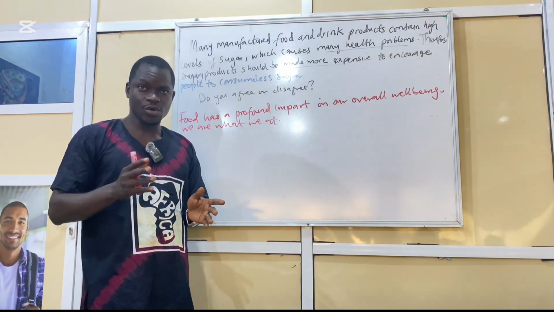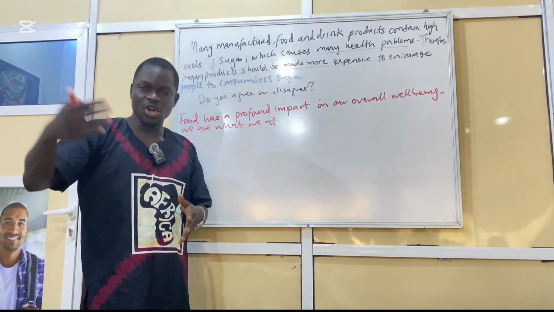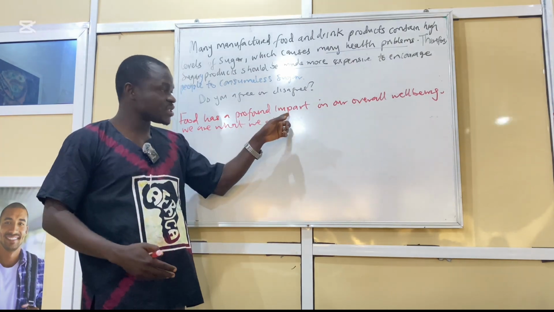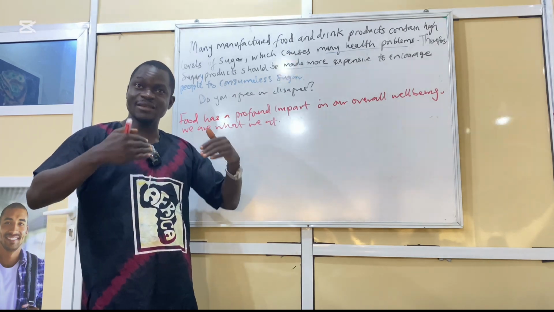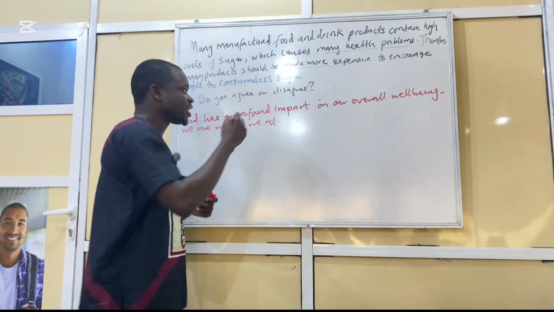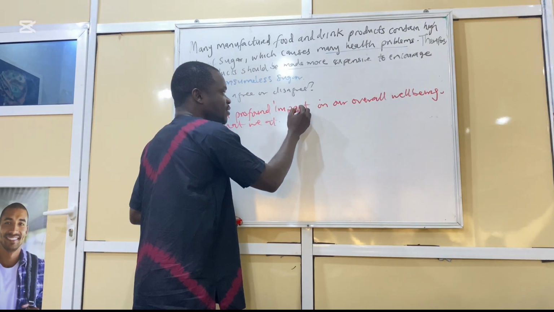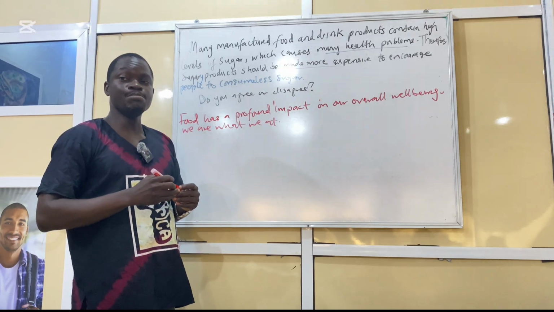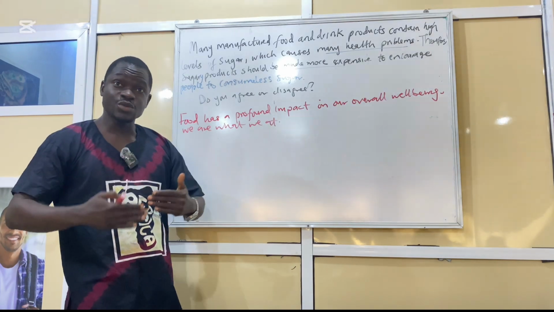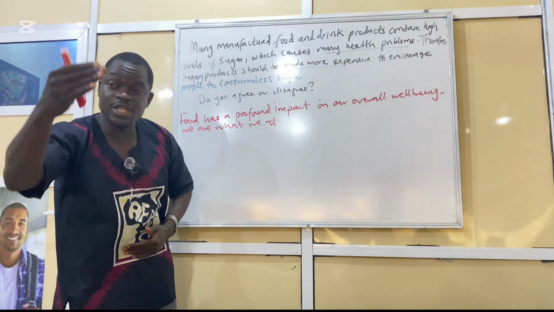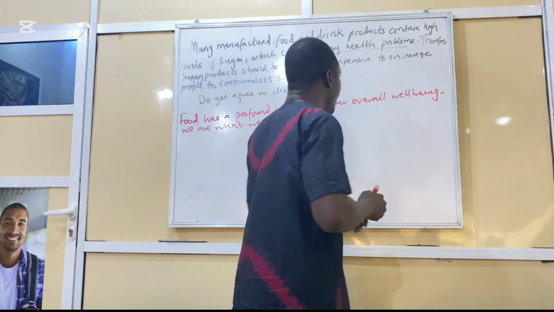One is a verb, or one reveals transmission of knowledge or transmission of a virtue. That one is impart. But the one that is a noun is impact. One has a stress here. One has a stress here. So the one I want to use has a stress here. Impact. This is the noun. I said I want to impart knowledge. That one is what? Impart. On our overall well-being. This should be what?